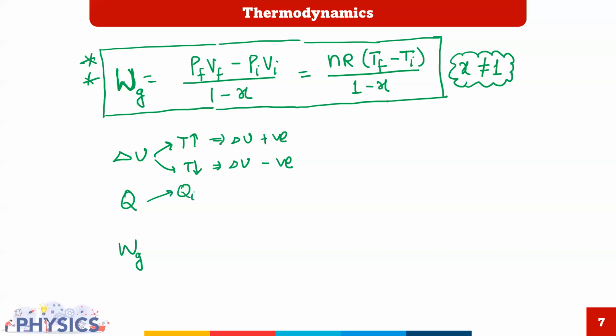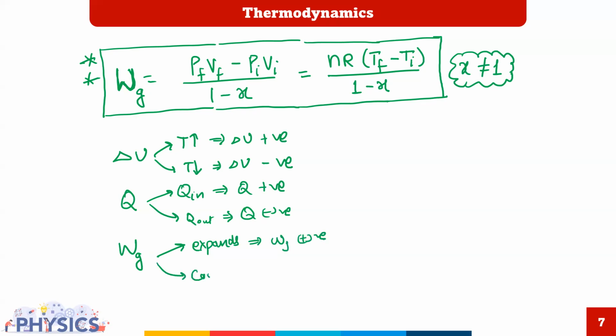Heat in we take as positive. Heat out we take as negative. Work done by the gas, if it expands, then W is positive. And if the gas is compressed, then work done by the gas is negative.